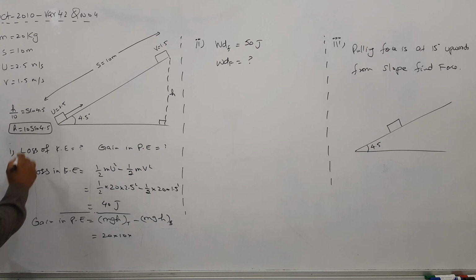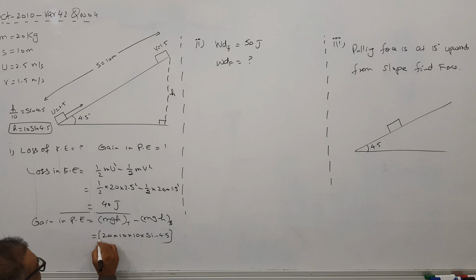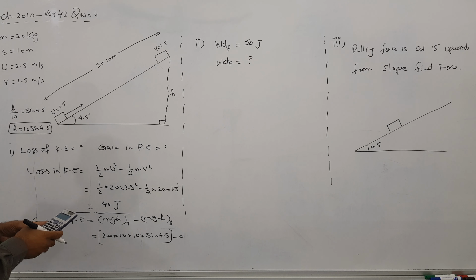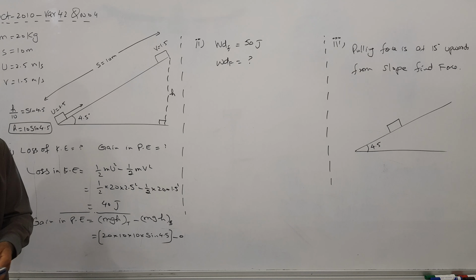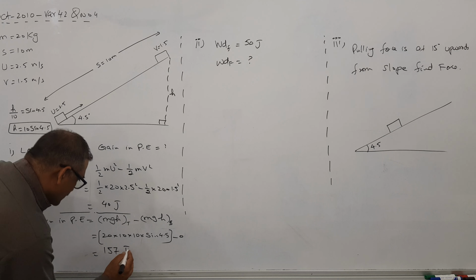I can write directly 10 times sine 4.5, and this is 0 because it's the bottom. So let's find 200 into sine 4.5. Answer is coming 157. So 157 joules is our answer.